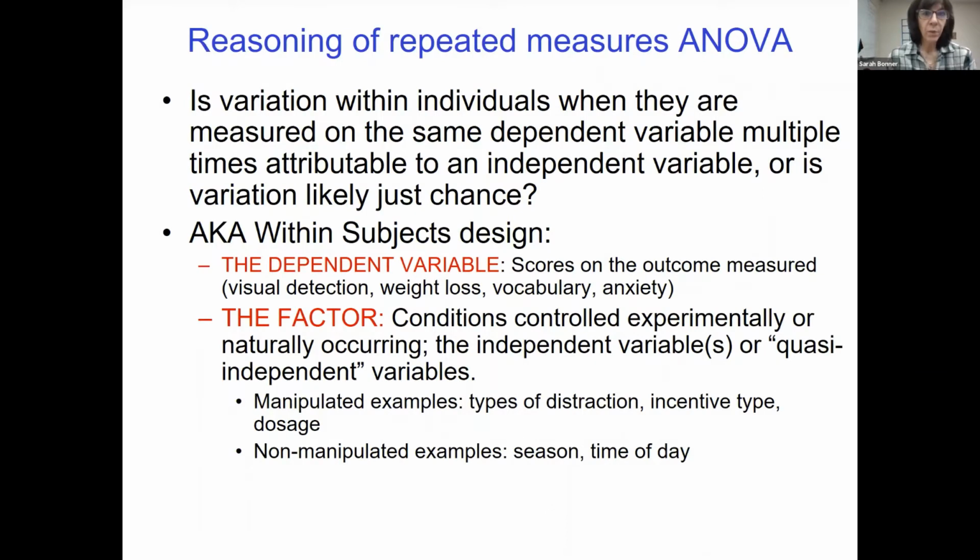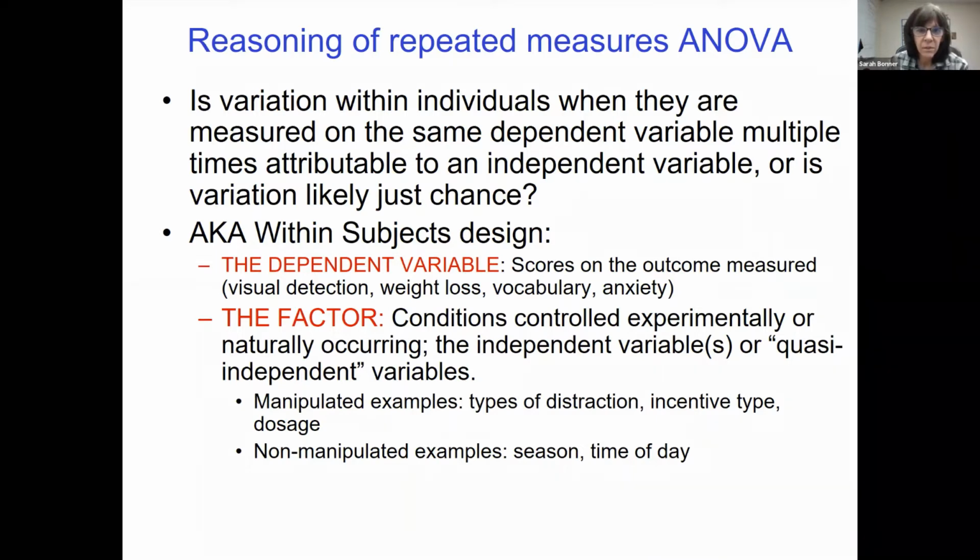So the reasoning basically is that repeated measures is intended to answer the question, is variation within individuals when they're measured on the same dependent variable? So they're measured, for instance, on pain. We're using a 10-point pain scale.